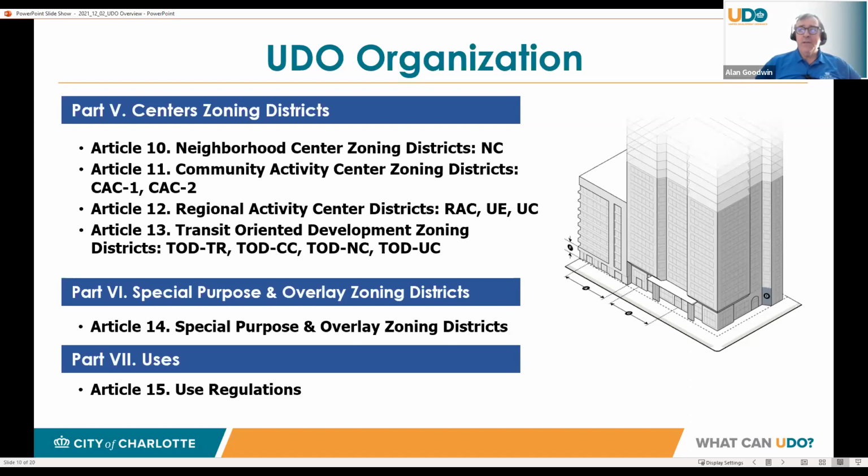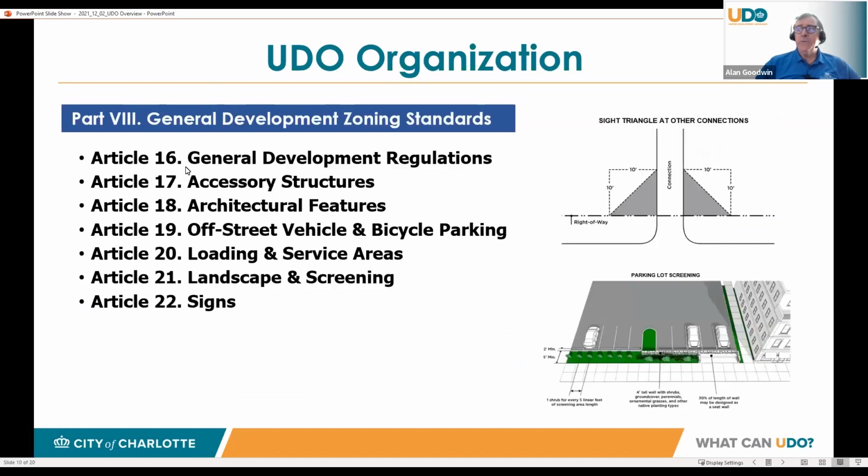Part 6 are special purpose and overlay districts. Part 7 are the use regulations. So any of you familiar with our current zoning ordinance will know about our use tables and so forth. You'll see new versions of those in the UDO. Part 8 is our general development zoning standards, articles 16 through 22.